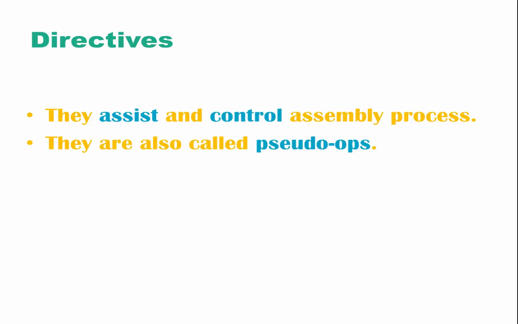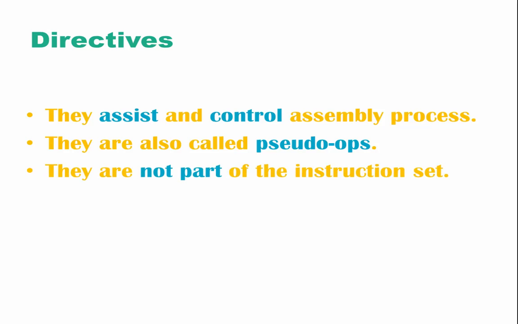Now, the next thing we are going to talk about are processor directives. They are not instructions per se, but they perform certain functions similar to instructions. They assist the processor in doing various tasks. One of the uses of these directives, which we will give some examples of later on, is that they assist and control the assembly process. They are also called pseudo ops.